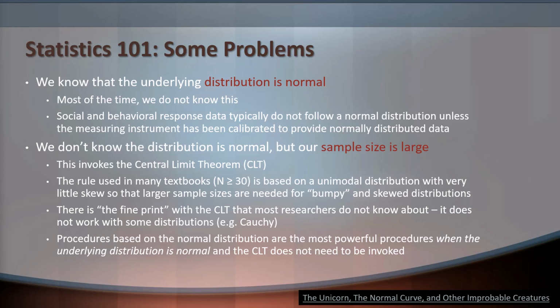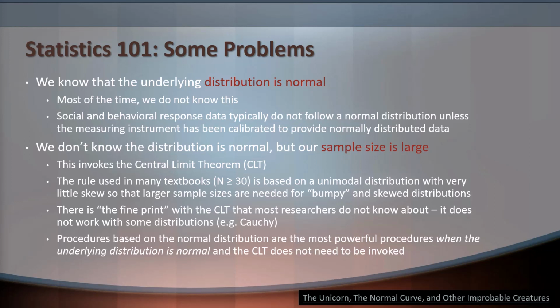So unless we're dealing with some clean kinds of distributions and those without much skew, we really cannot rely on the central limit theorem to pave the way for us to do regular parametric statistical analysis that we learn in Statistics 101.